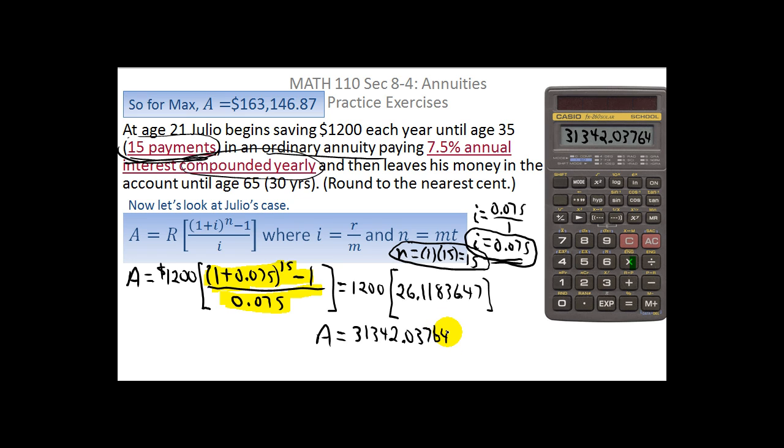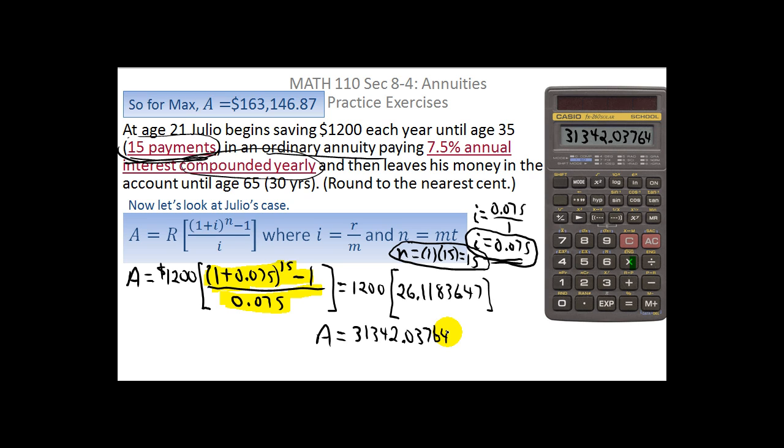Now they ask us to round that off to the nearest cent. However, we're not done. In the end, they said round it off to the nearest cent. Since this is just an intermediate calculation, I'm not going to round yet, because we're not done with Julio. That's why I saved it for last.